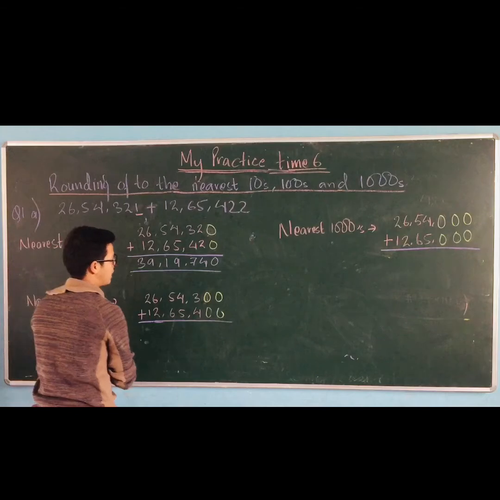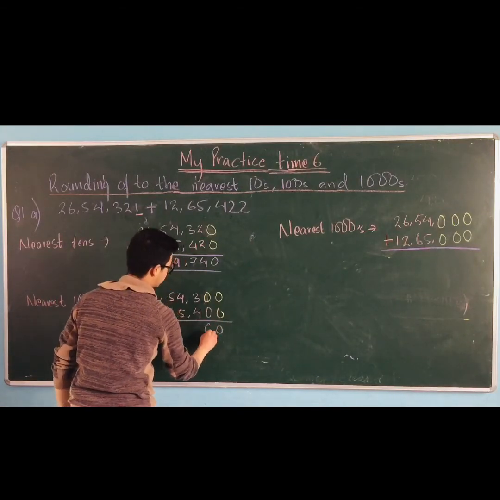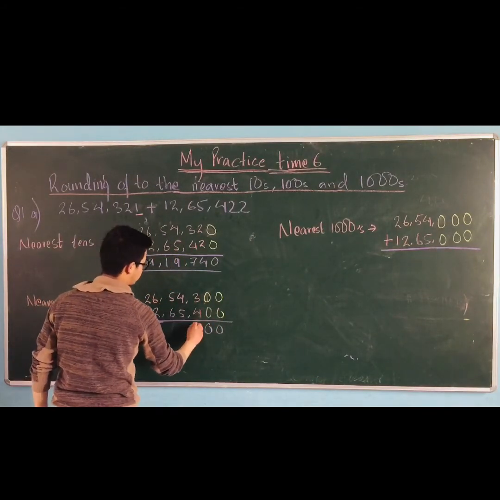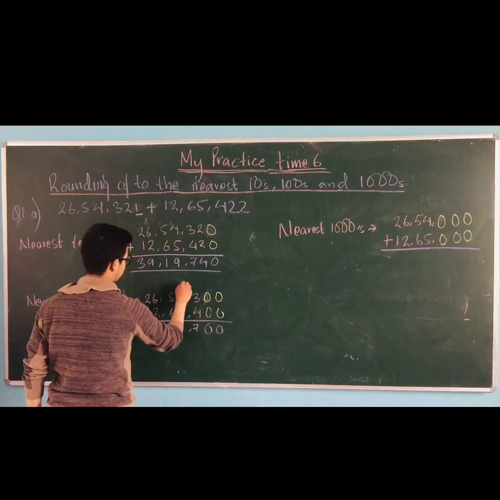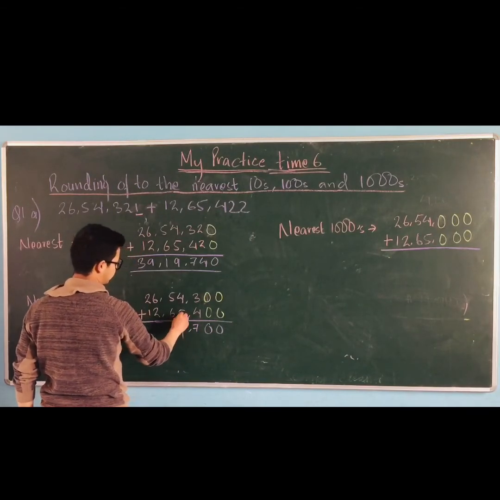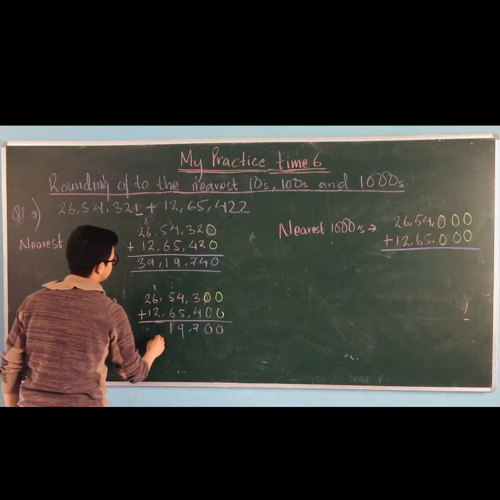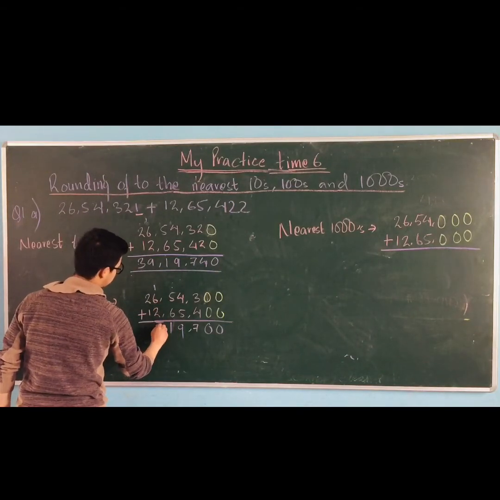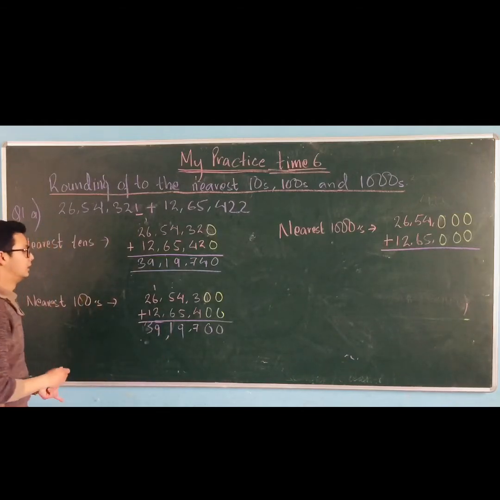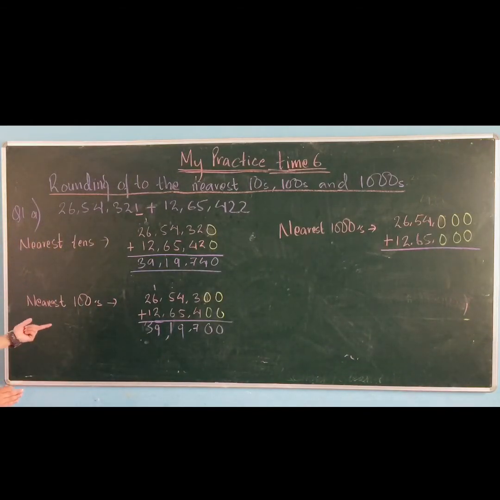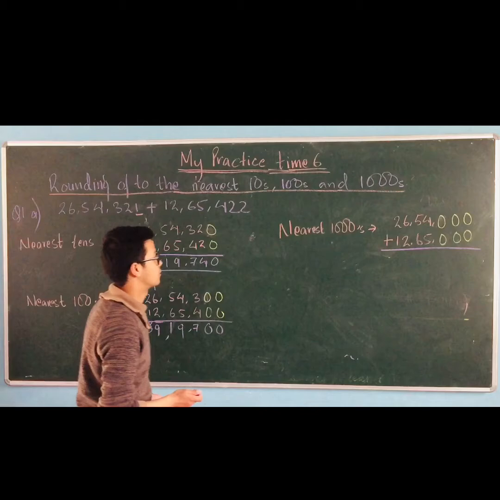Then you just have to add. So 0 plus 0, 0 0, 4 5 6 7 and so on, 11 6 7 8 6 7 8 9 3. Now this is the rounding figure to the nearest hundreds.